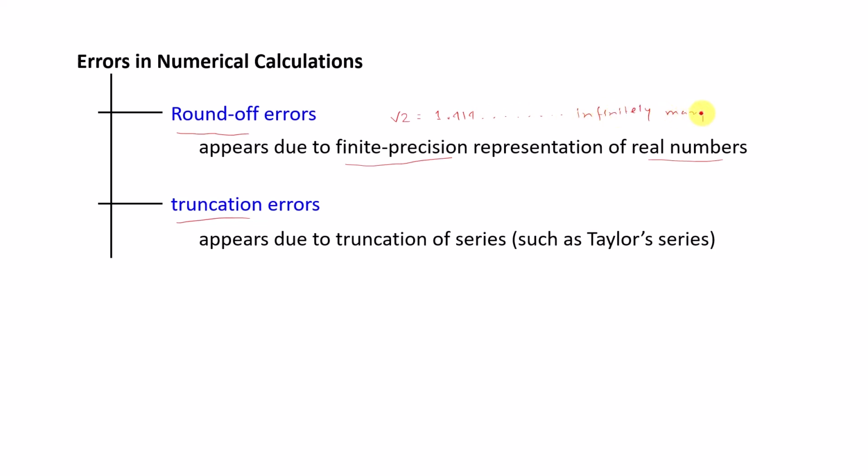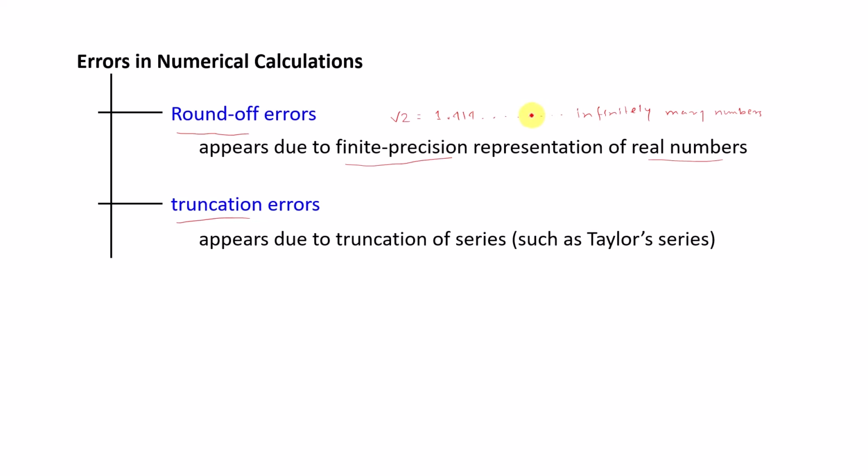However, for calculation, we cannot use infinitely many digits. After some digits we have to truncate it. So as we cut it down, we basically round off this root 2. That means we are missing out something, and that brings an error in our calculation.